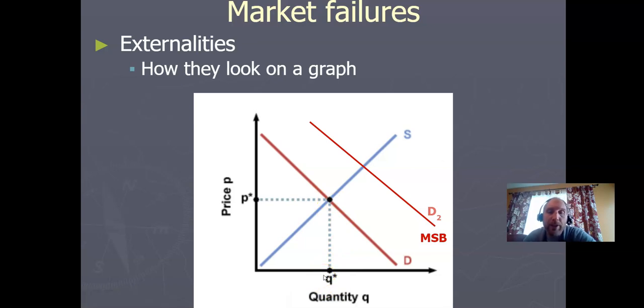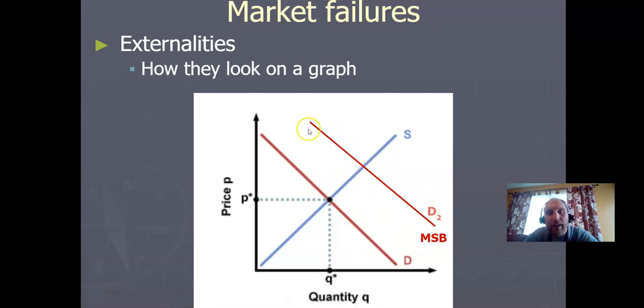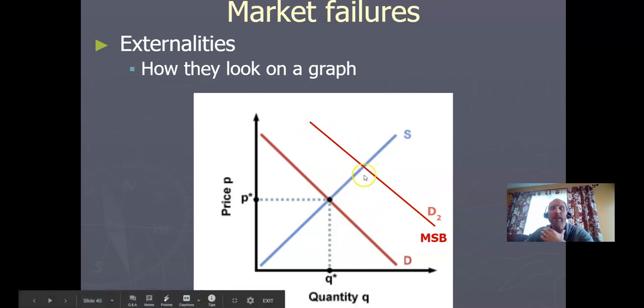However, like we said in our previous slides, more people benefit than just the people who are getting vaccinated. There is an additional benefit to the people around us, and because of that, the amount of benefit should increase for our society, meaning that we should be demanding and wanting more vaccinations than what we are actually getting at the market.